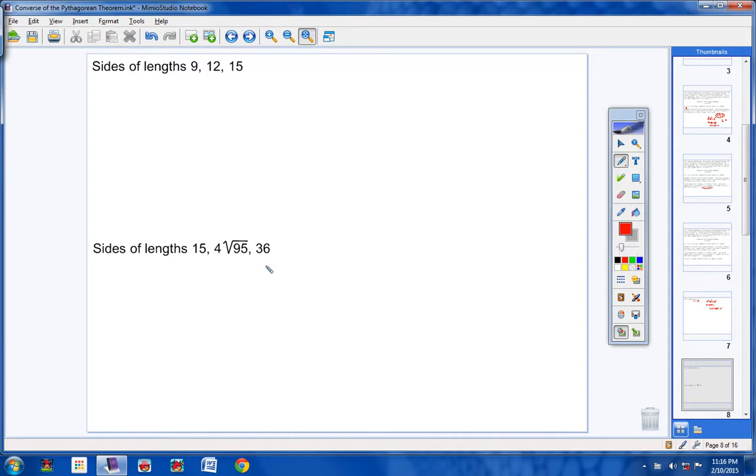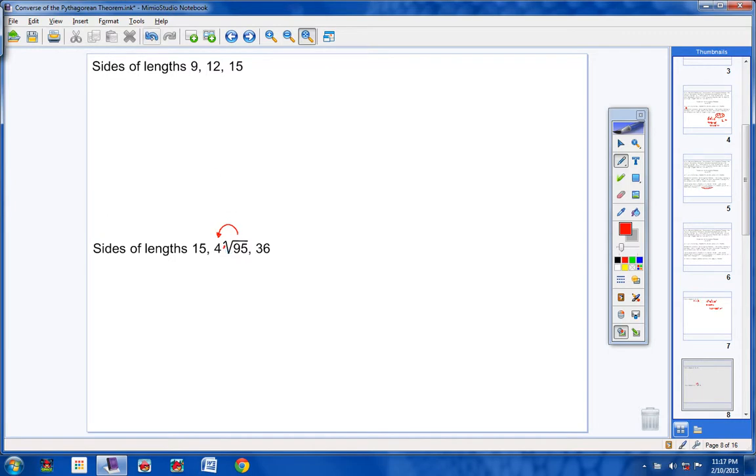Okay, students, here we go. Now, I would like to first of all suggest to you that you put these in order. Two smallest sides first, and the longest side second. Now, with my calculator, I typed in the square root of 95, and when you type in the square root of 95, you get 9.74. Then hit times 4, because whenever the 4 is right next to a radical, it means multiply.